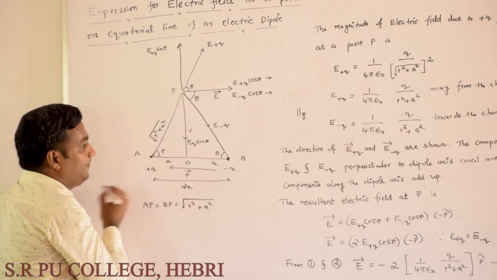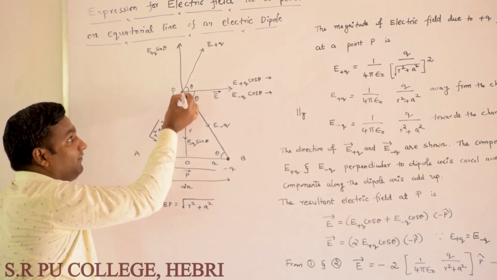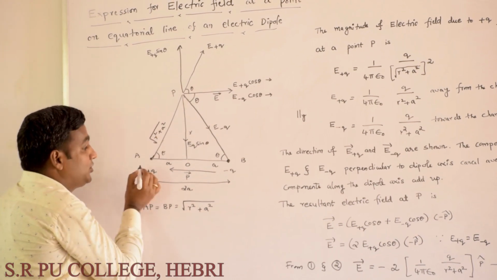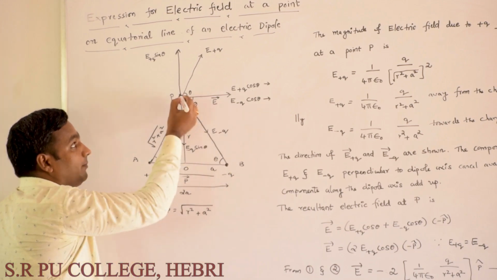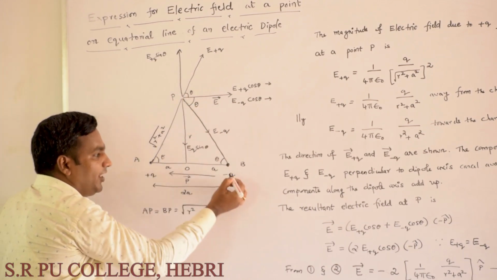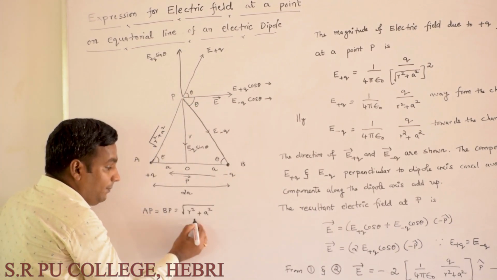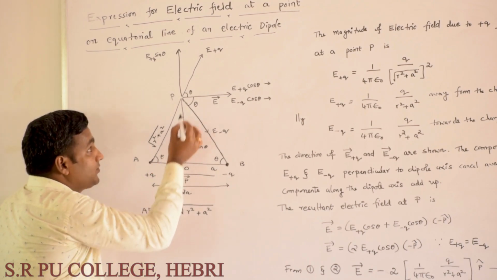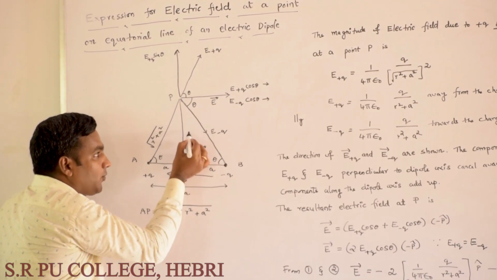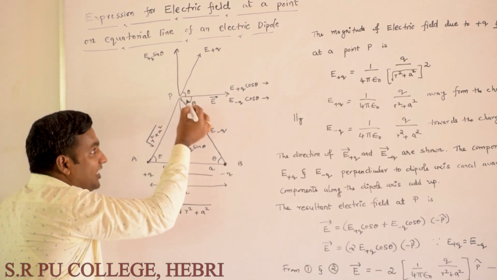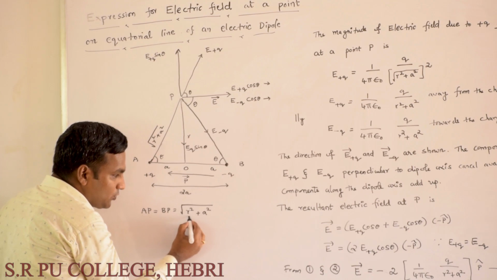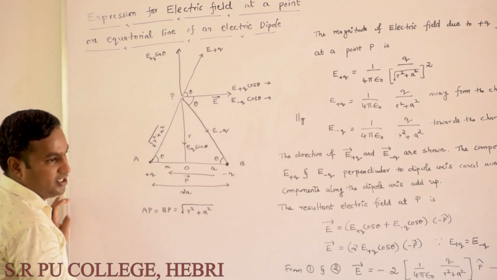AP is the distance for the electric field at P due to the plus Q charge. BP is the distance for the electric field at P due to the minus Q charge. AP and BP are both equal; by using the Pythagoras theorem, with OP equal to R and OA equal to A, AP as well as BP are equal to square root of R square plus A square.